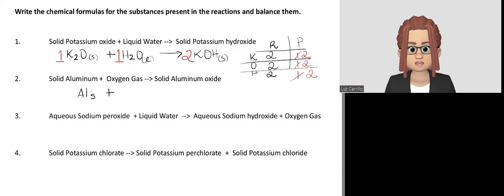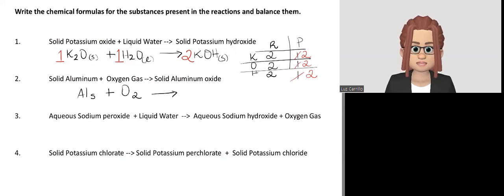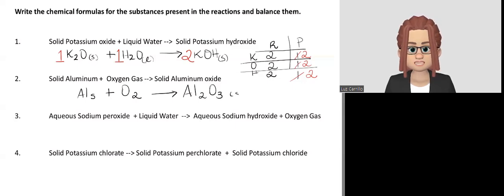So when you see oxygen gas, this refers to O2. Next, we have as a product solid aluminum oxide. The chemical formula of aluminum oxide is Al2O3, and this is in solid form. Let me incorporate the states of matter of the other atoms that we have in this reaction.